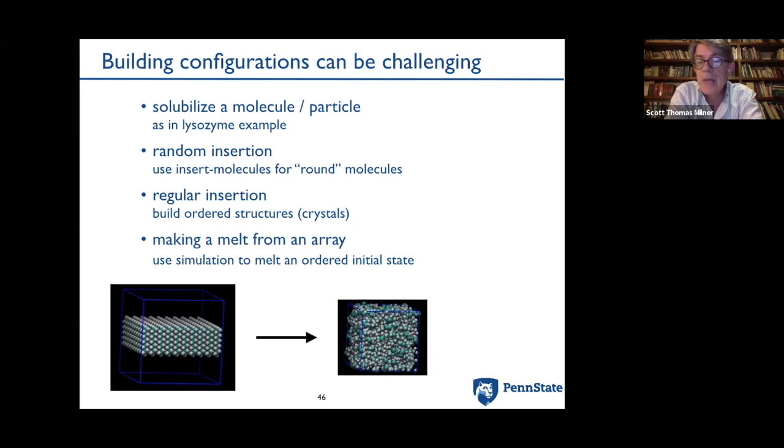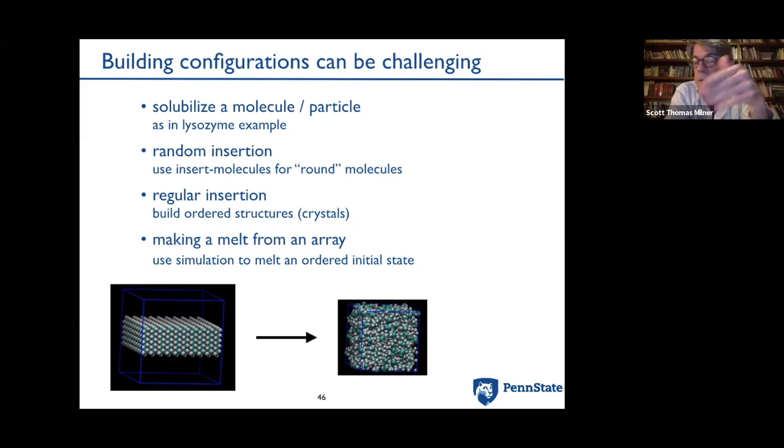And that works great. And you can use tools to verify that your molecules are random enough and have moved around enough inside the box so that they don't remember anymore the crazy regular array that you built them in.